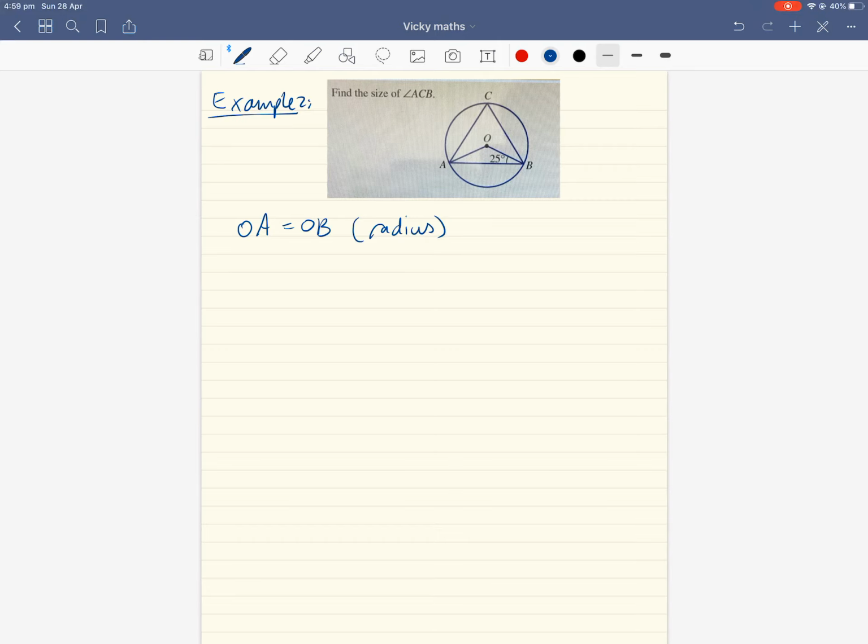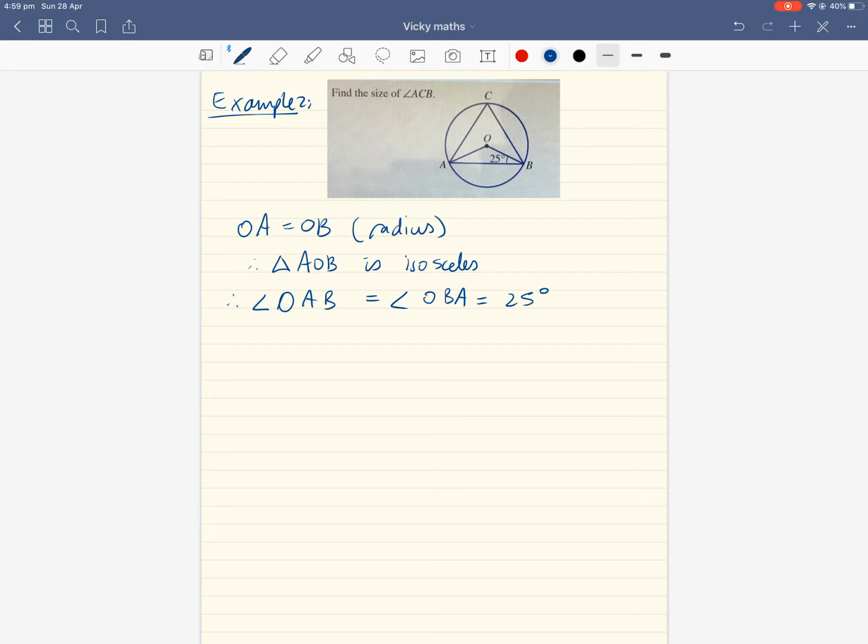Well, if OA is the same as OB, then that means triangle AOB is isosceles. Well, that's not how you spell isosceles. Isosceles. If that bottom triangle is isosceles, which means angle OAB is equal to angle OBA, which we know must be 25 degrees.